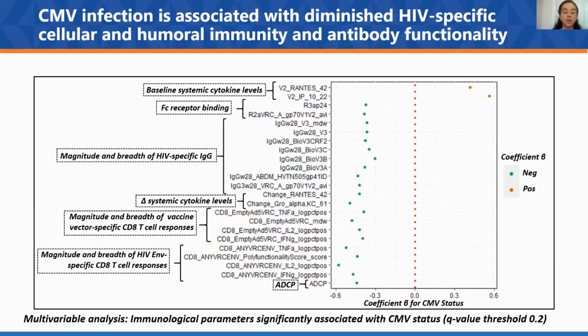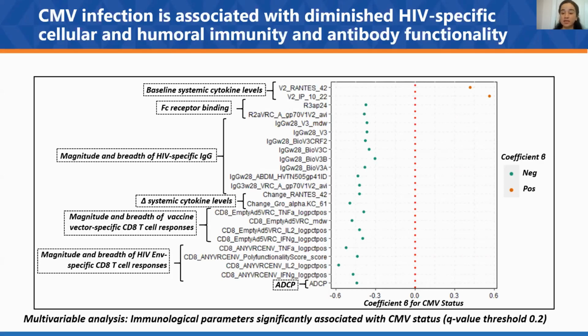So this was a part where we wanted to see which immune features or which immune functional features are associated with CMV. We performed a multivariable analysis, ran a couple of linear regressions, and set a Q-value threshold of 0.2 and found that these variables or these subgroups are actually associated with CMV infection itself.